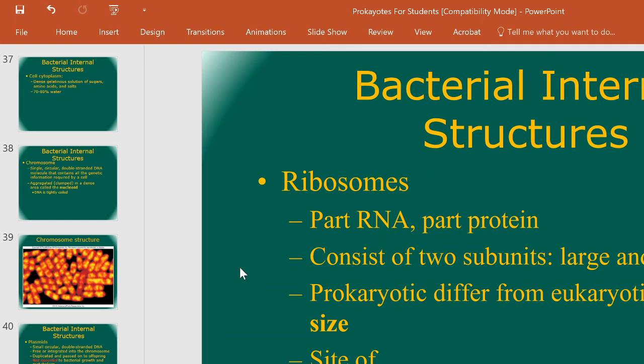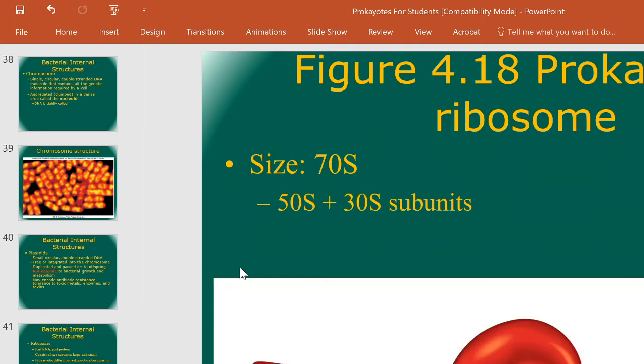This is a figure showing you the ribosome and showing you the size of it. So it's 70S. The prokaryotic or bacterial ribosome is 70S. But if you look at the figure, it says 30 plus 50 to give you 70. Well, that's because the measurement S is not actually a measurement of size.